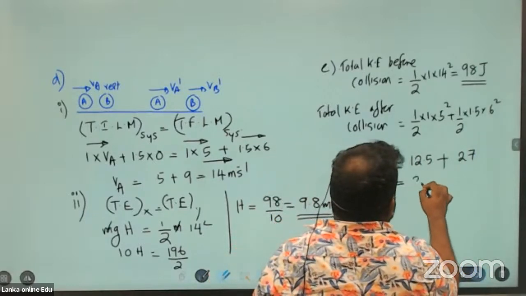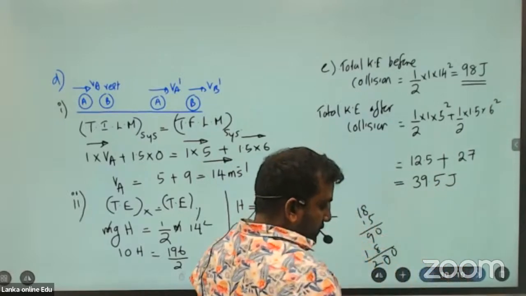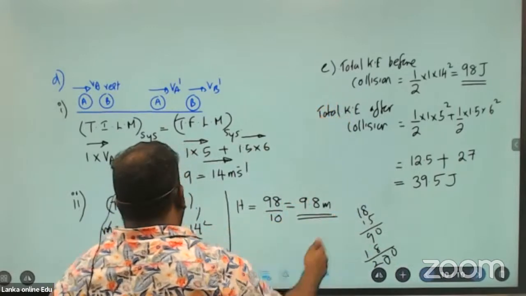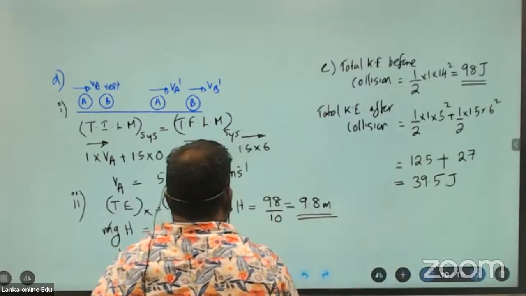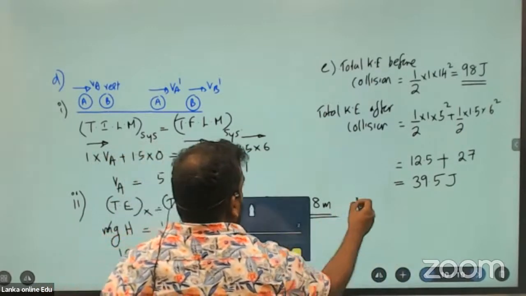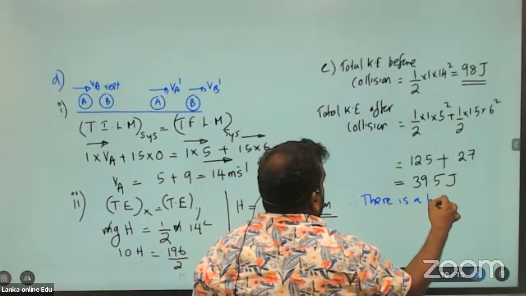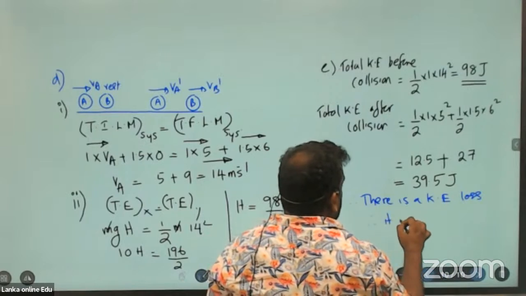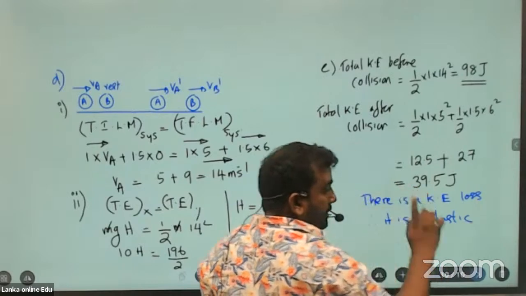From this you have 39.5 joules. Initial kinetic energy 98, final kinetic energy 39.5. What can you say? There is a kinetic energy loss. Therefore, it is inelastic.